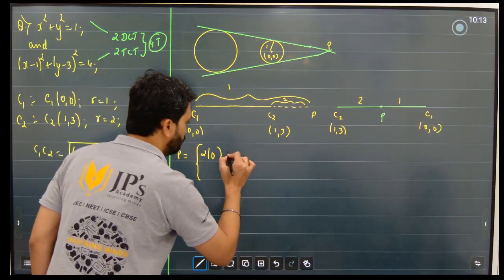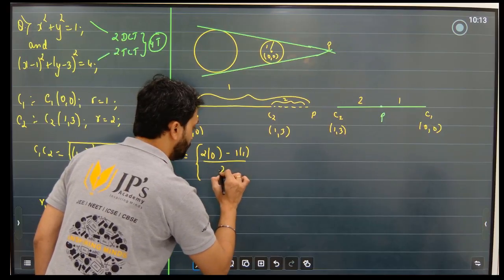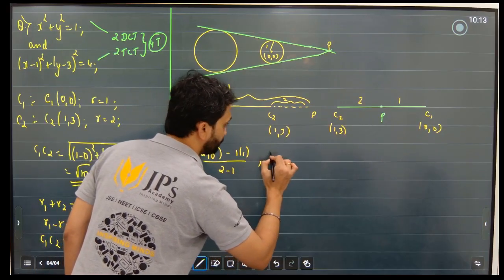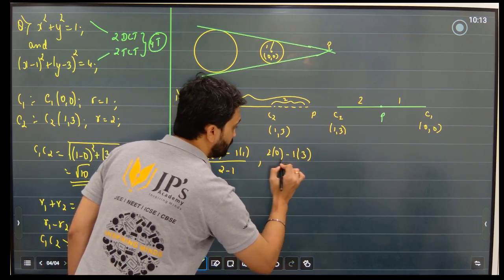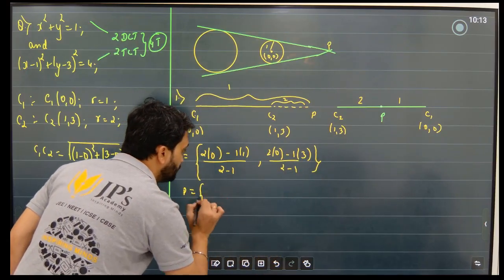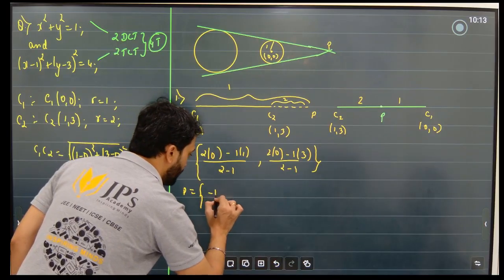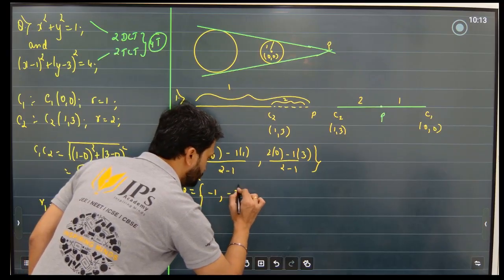So 2 into 0 minus 1 into 1 upon 2 minus 1 and 2 into 0 minus 1 into 3 upon 2 minus 1. So I will get P as minus 1 comma minus 3.